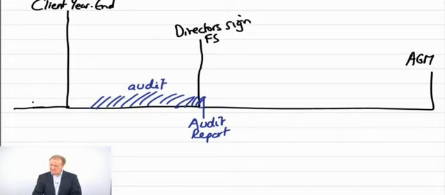And then at some point in the future, there's an annual general meeting where the shareholders agree the accounts, they're submitted to the authorities, and that's the final end of the article.